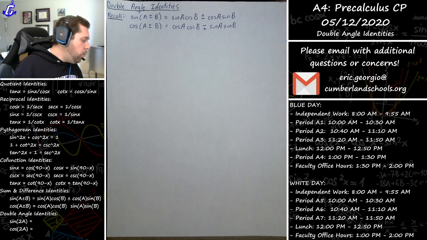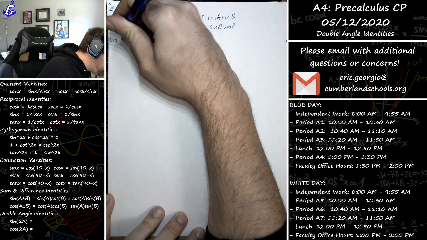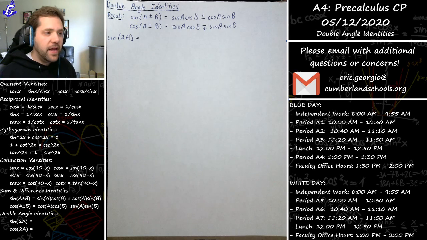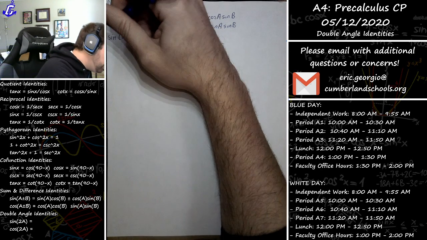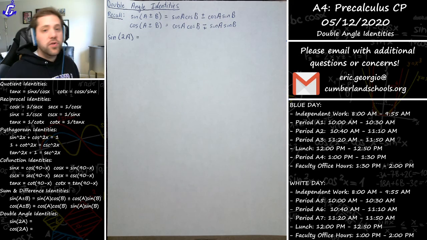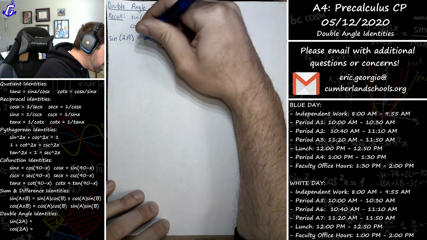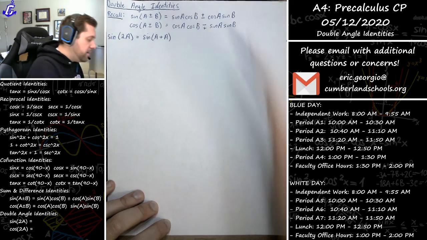Okie doke. What if I now asked you to find the sine of 2A? What is the sine of 2A? Well, you could break down something like the sine of 2A and rewrite that as the sine of A plus A, right?